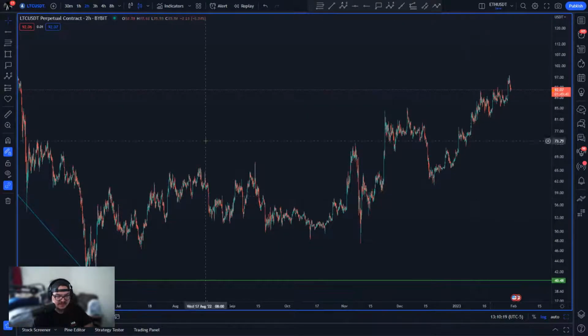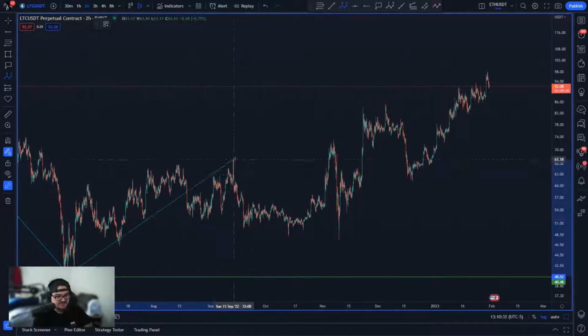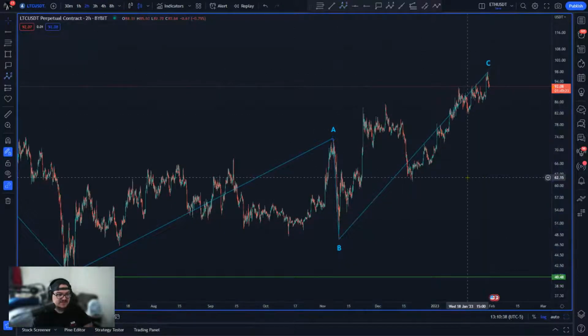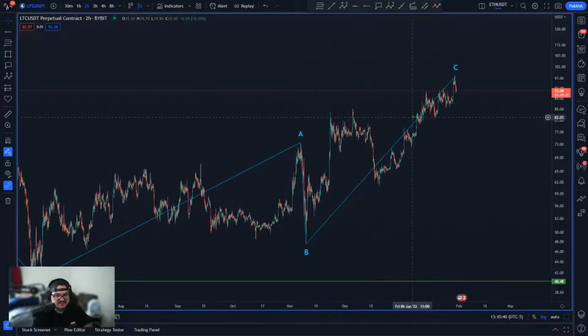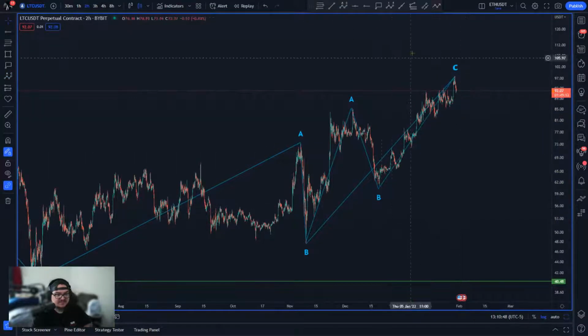I'll make a scenario for both sides just to back up the first idea, just in case you guys are a little bit more willing to trade that side. Let's see. We do have a larger A to a B to a C, with a very rapid B and a continuation of a C. Okay. As you can see, the C wave is very extended past the pivot of the A. So now we can focus on an A to a B to a C within the C. Right.